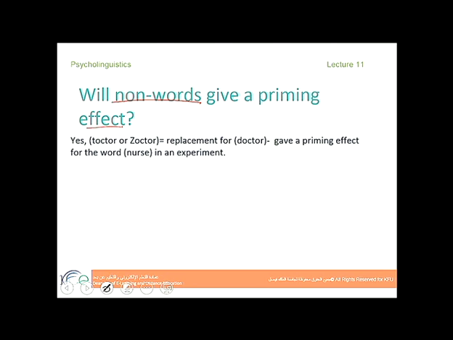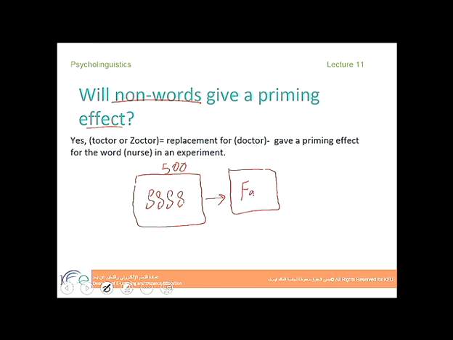So if I, for example, show this mask here, let's say it's whatever, okay, for 500 milliseconds, and then I show a non-word like fable, and then I show it only for 50 milliseconds.